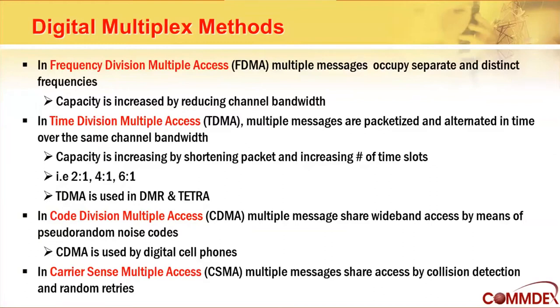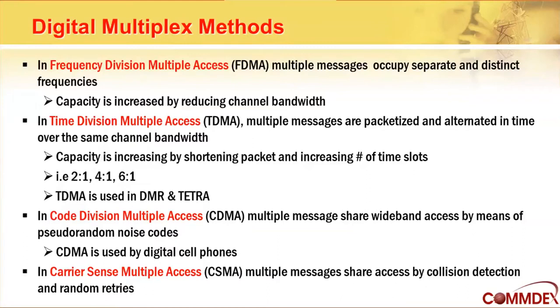So for instance, we can have a 2-to-1 increase if we put two time slots in every channel, or a 4-to-1 increase if we have 4 time slots per channel. And technologies are out there that do 2-to-1, 4-to-1, 6-to-1, and beyond. So DMR and over in Europe, Tetra, they use TDMA. Also, of course, phase 2 of P25 uses TDMA.